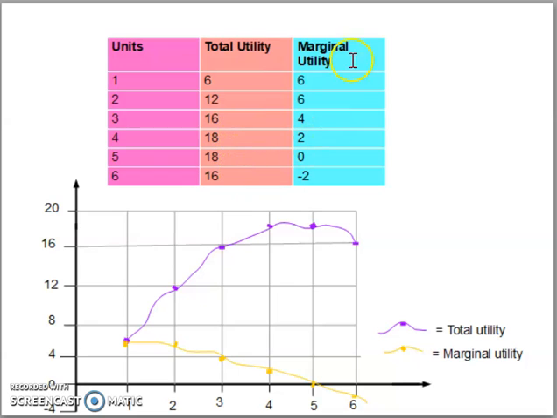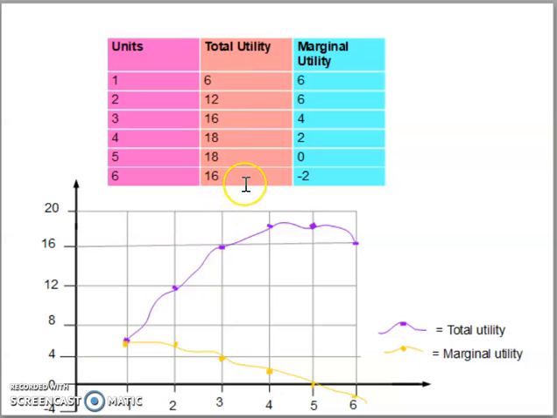Now here it is 18 and the marginal utility is 2, and at the fifth it is not increasing, so the marginal utility is 0. Now let us move on to the sixth. The total utility is 16 and the marginal utility is minus 2. Why is it minus 2? Because the previous one is larger than the present one.